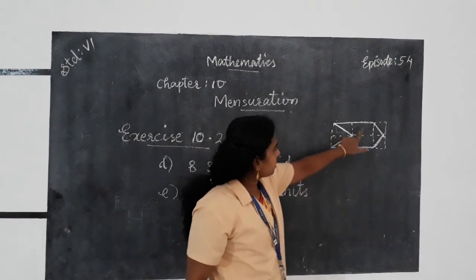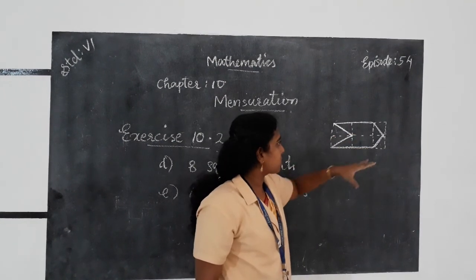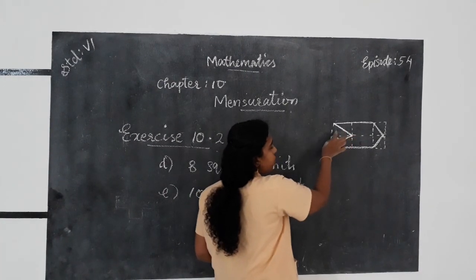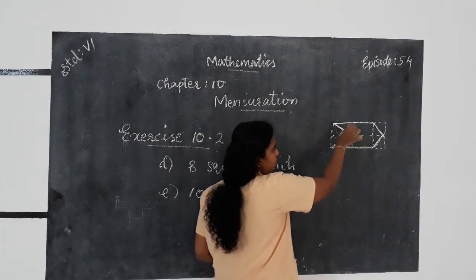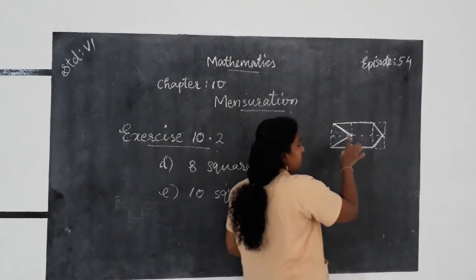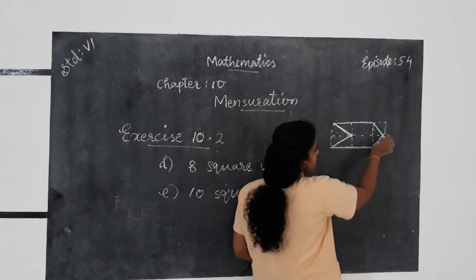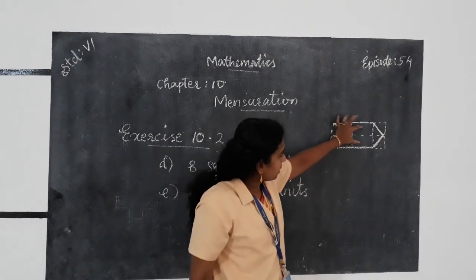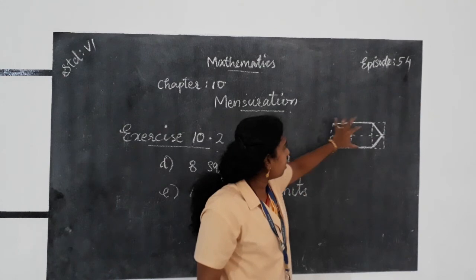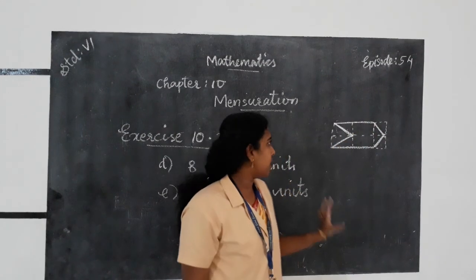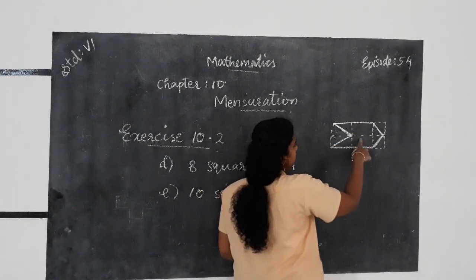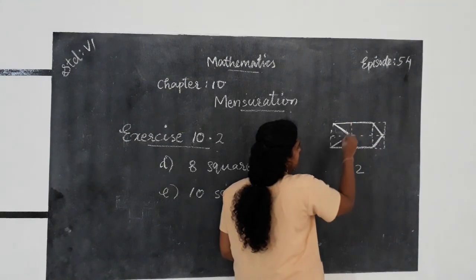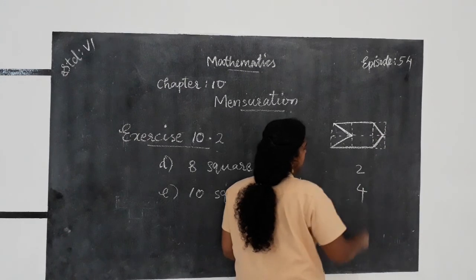These two squares are fully filled. And this figure is not fully filled. This is only a half filled square. This square is also half filled, and this one is half filled. So we can see that two fully filled squares and 4 half filled squares are given here. The number of fully filled squares is equal to 2, and the number of half filled squares is 1, 2, 3, 4.